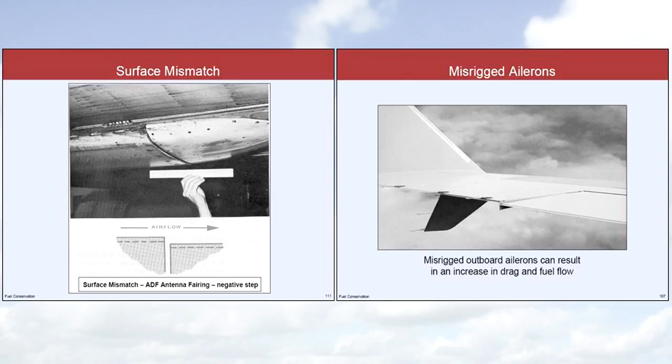Increases in parasite drag can be caused by any number of things such as damaged and misaligned surfaces. The extra drag created by misaligned or misrigged airframe surfaces creates a type of drag called excrescence drag. This can be more than 4% of the airplane's total drag. Careful pre-flight inspection should reveal misaligned or misrigged surfaces.